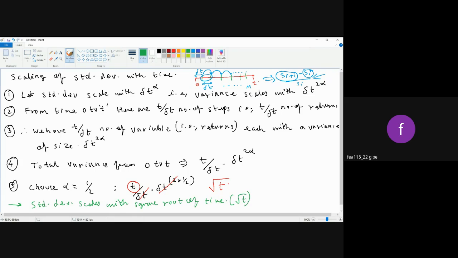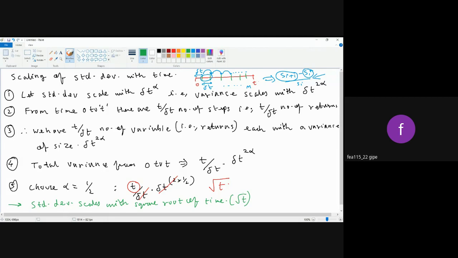Later on also we are going to use these same small time steps delta t. Whenever we study the Wiener process, and other concepts like Ito's lemma, which we discuss maybe after the break, that is again a place where this delta t is going to crop up, and again we work in the limit delta t tending to 0. The results which we have taken here, scaling of mean and standard deviation with time, are something we will require not just for now but for subsequent sessions as well.